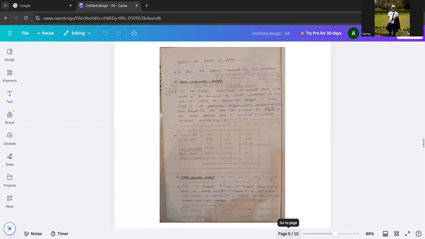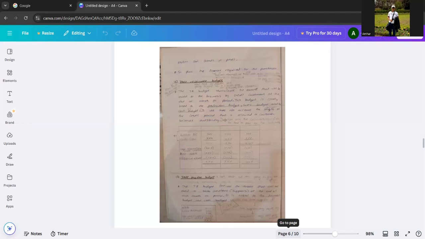So you can plan how much cash you need to pay for these raw materials. Did you understand that? Yeah, I understand that. That is what is meant by the second point: to plan the finances required for the purchases. Those are the advantages, the usefulness of purchase budget.